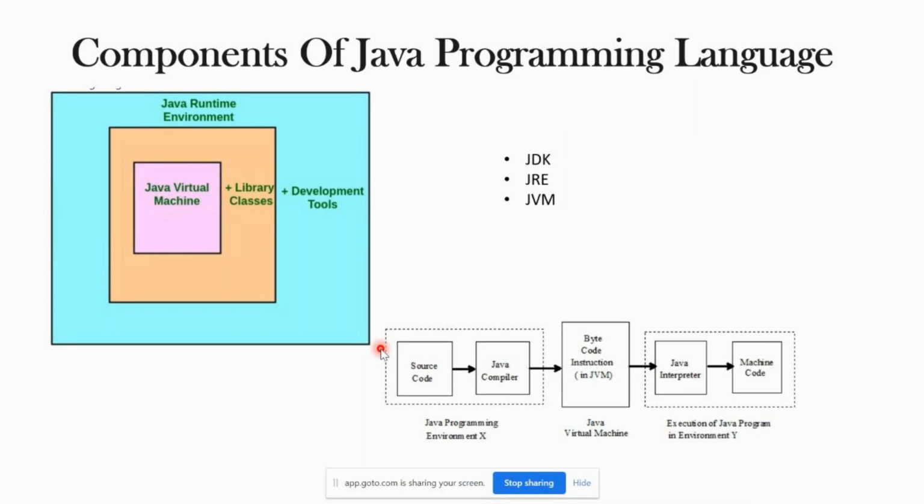If you are creating a demo file, it will be demo.java. If you are writing an example code, it will be example.java. So all the files wherever you write Java code will have the extension .java. When this .java file is ready for execution, it has to be compiled.